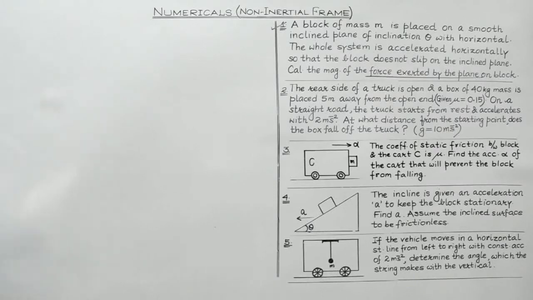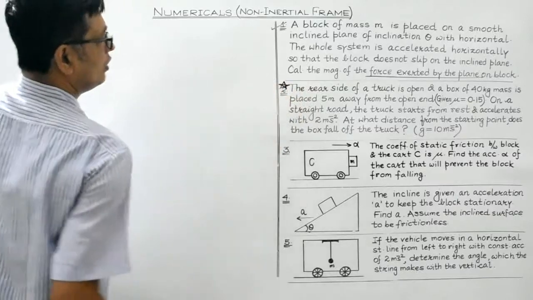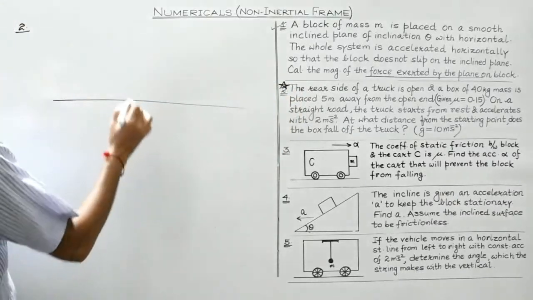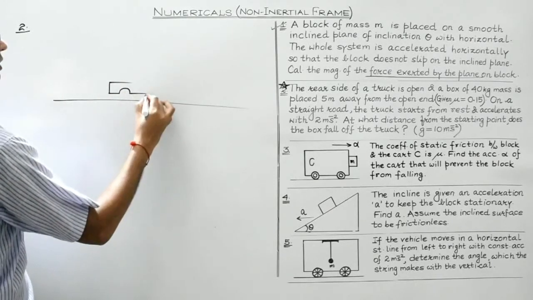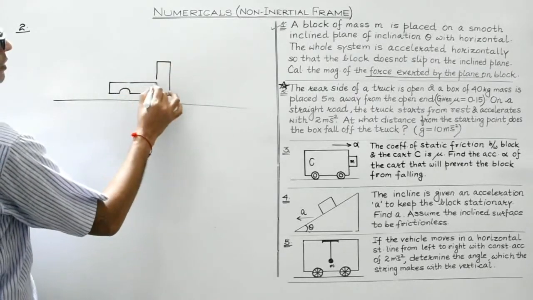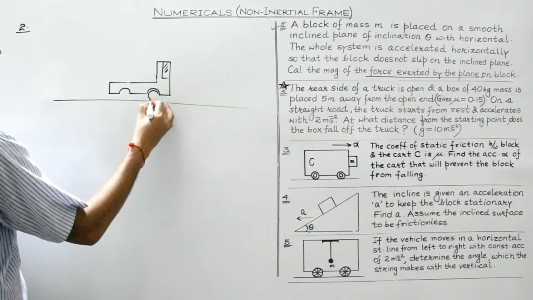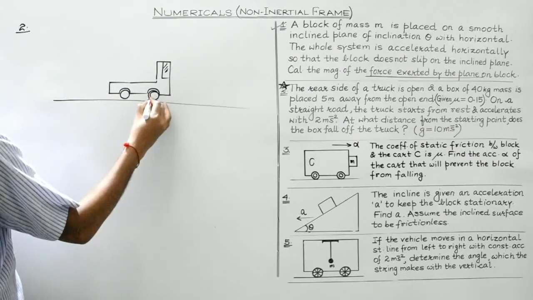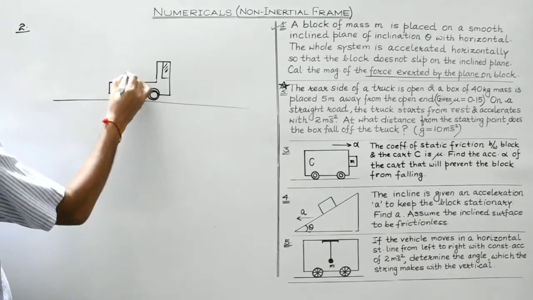Okay, let us try to evaluate it. This is a very, very good question. This is the situation basically. Suppose this is a road and this is a truck under consideration. This is the rear side of the truck and a block is kept over here.